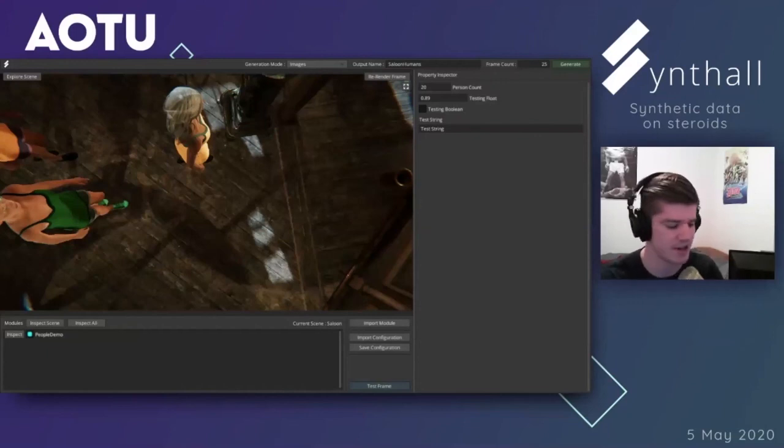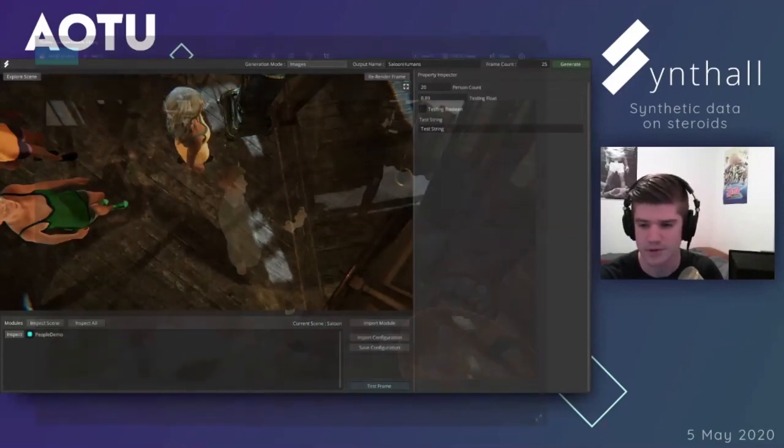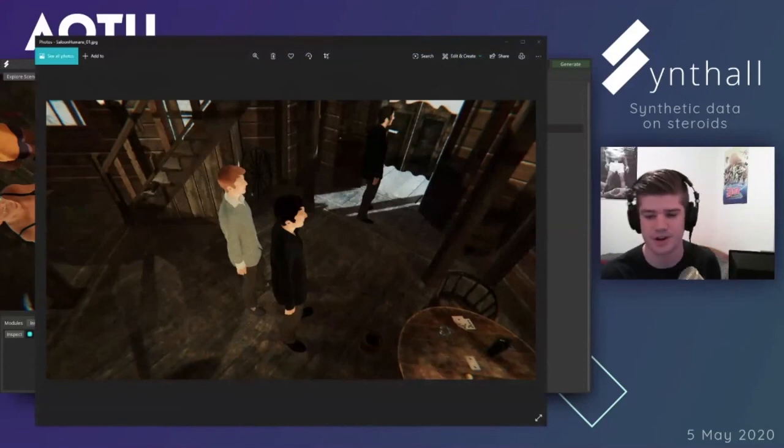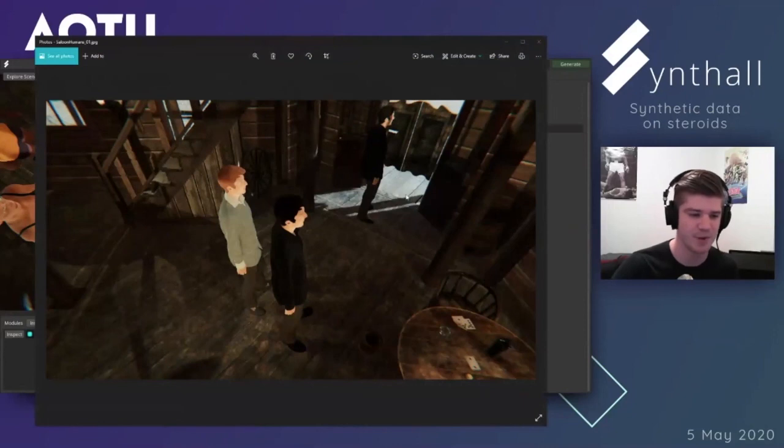Now let me open the actual images themselves so we can take a look at them. Saloon Humans. All right, so I've got our Saloon Humans on the screen here. We can see a few people on the screen.